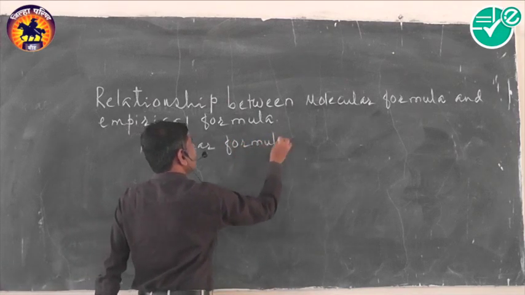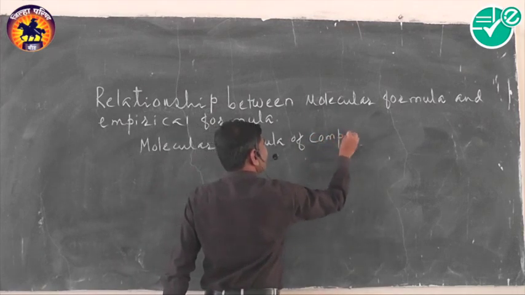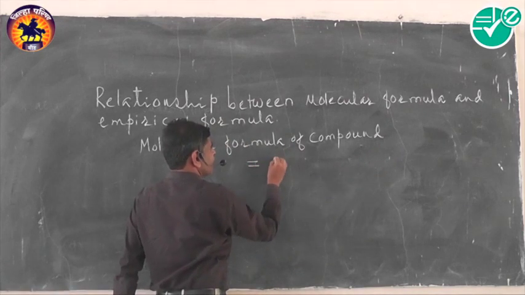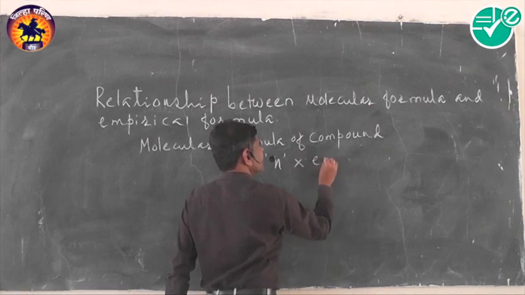Molecular formula of compound is equal to n multiplied by empirical formula.